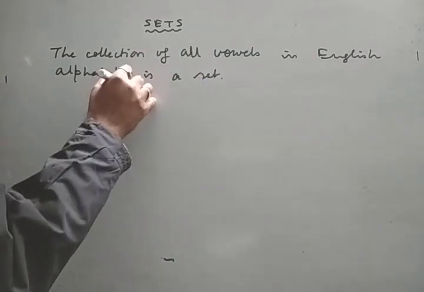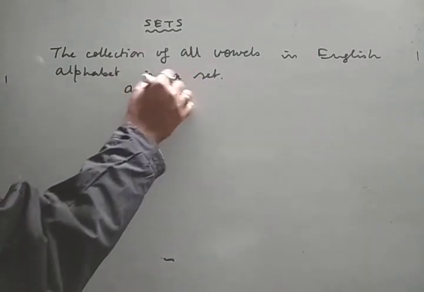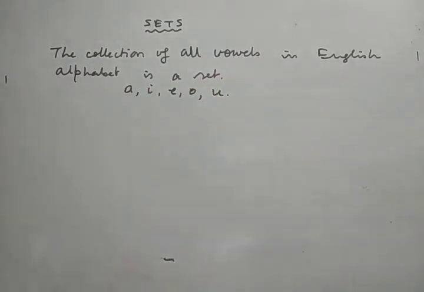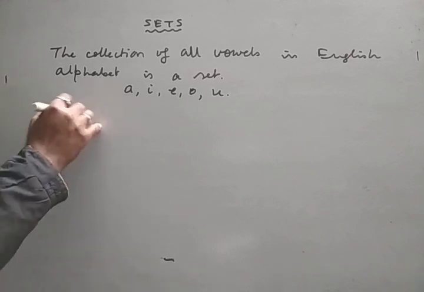The collection, meaning its members will be A, I, E, O, U, right? A, I, E, O, U.